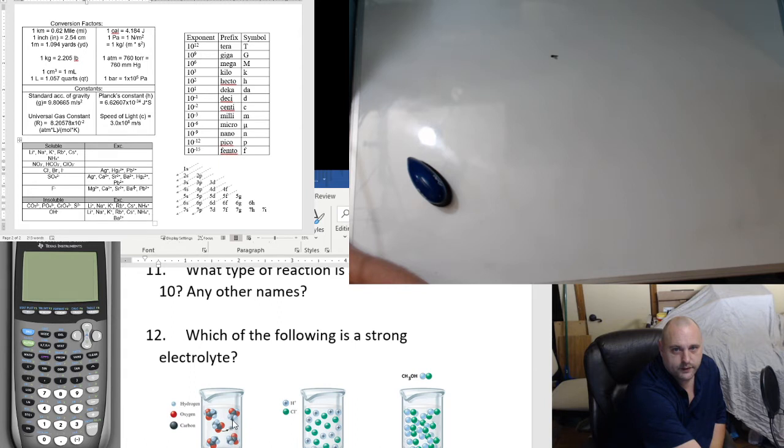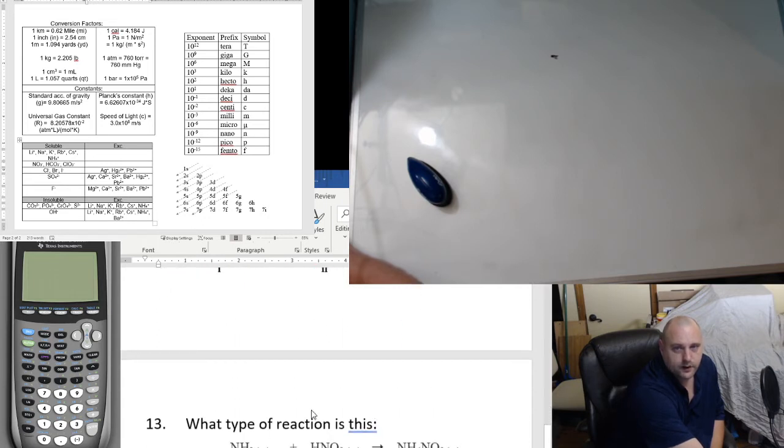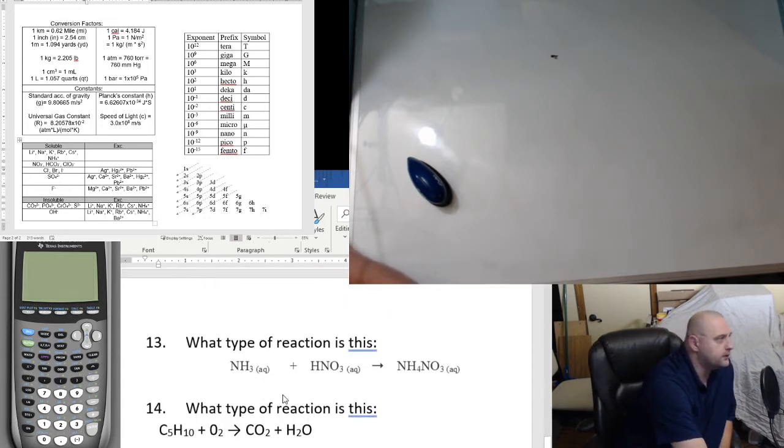The fact that they've indicated a slight charge here, versus no charges shown in one and lots of charges in two, is trying to show us that this is some kind of acid. This will be a weak electrolyte. So this is probably a weak acid. So they want which one's strong? It's number two.